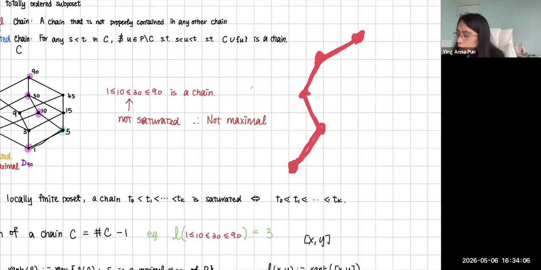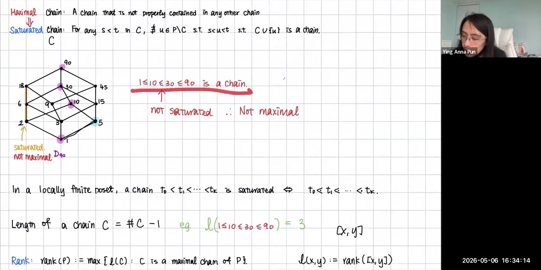Because it's a chain, you have a path to go there, and then you just make sure that every single step here is an edge on your Hasse diagram. So for example, here, when I do this, I realize that from 1 to 10, this path is not a single edge. So that's not a covering relation here, meaning that it's not saturated.